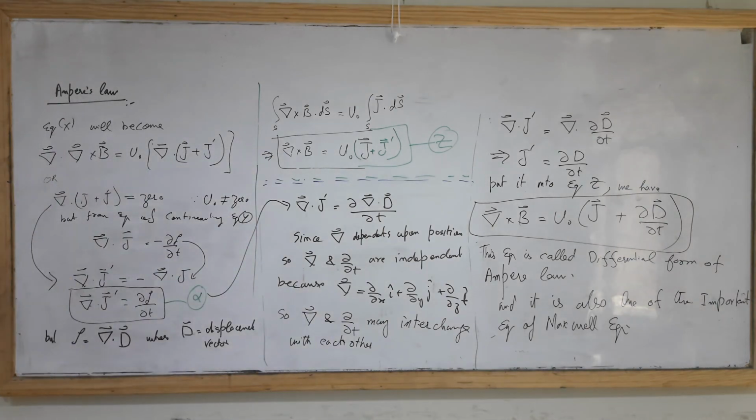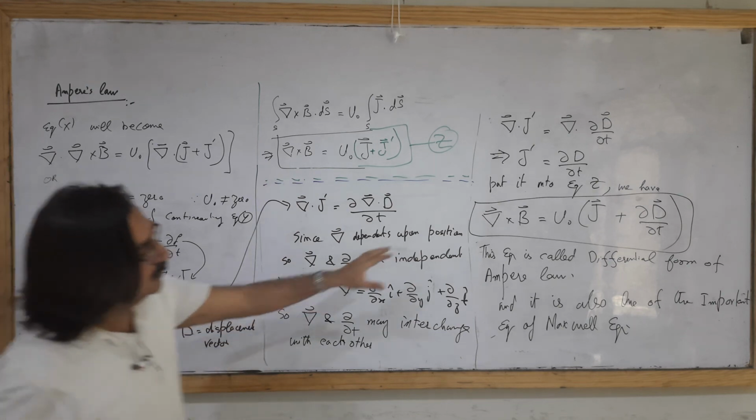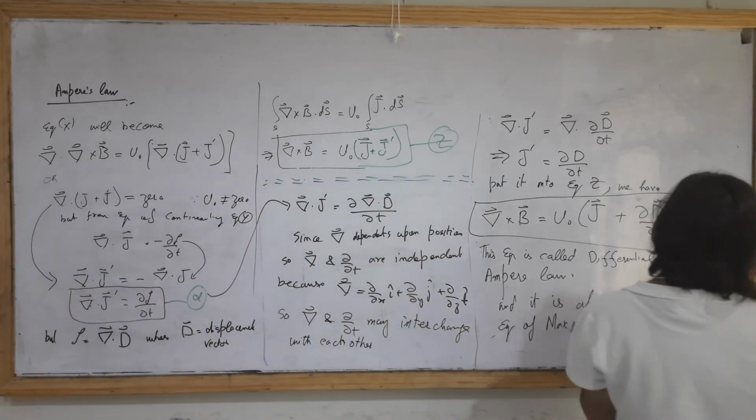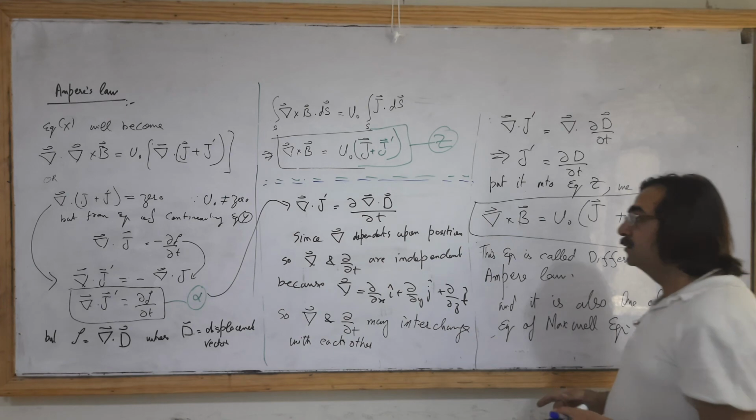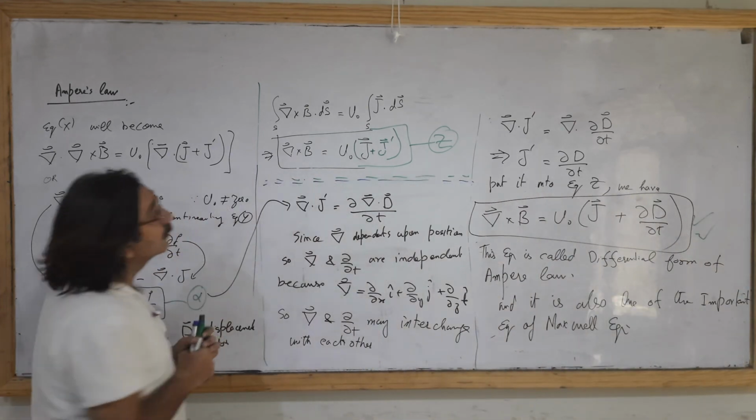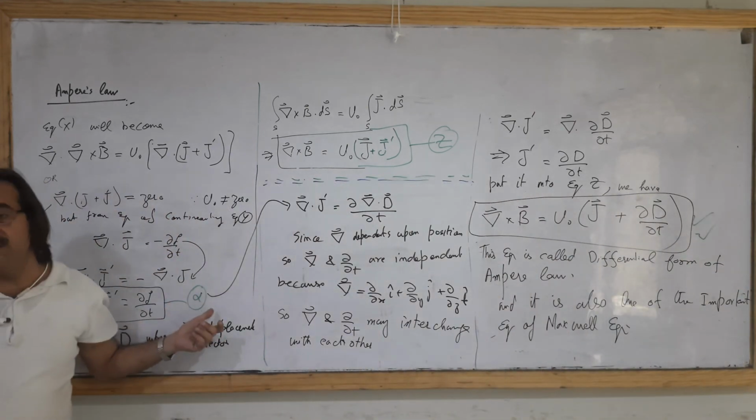There are four Maxwell equations, and this is one part of them. So this is the differential form of Ampere law. Got it? Everything must be very clear.